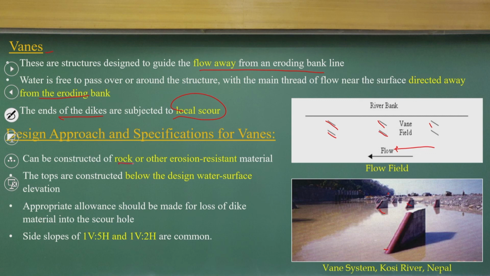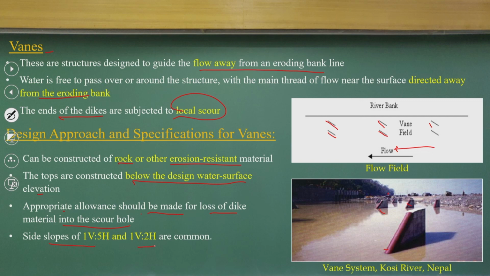It can have rock or erosion resistant materials. It can be designed for water surface elevations. Appropriate allowance should be made for loss of the dike material into the scour holes, and side slopes can be provided. These are smaller structures, which are also implemented on the Kosi river in Nepal.